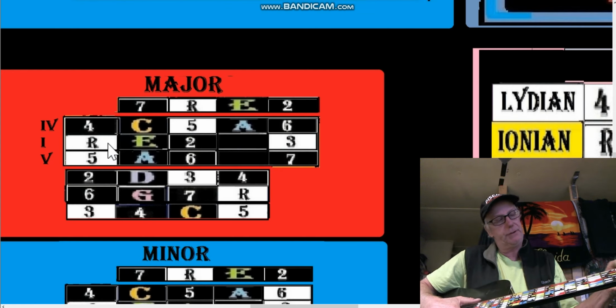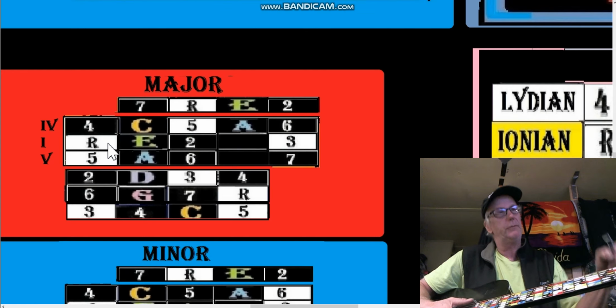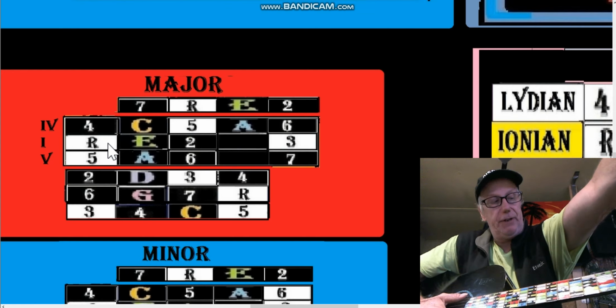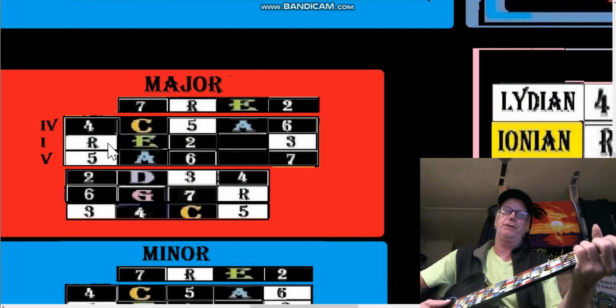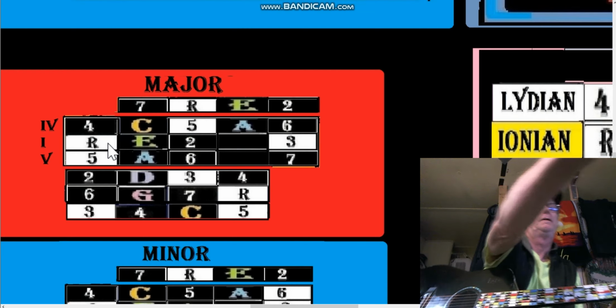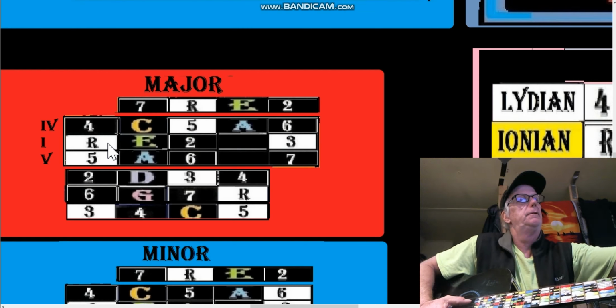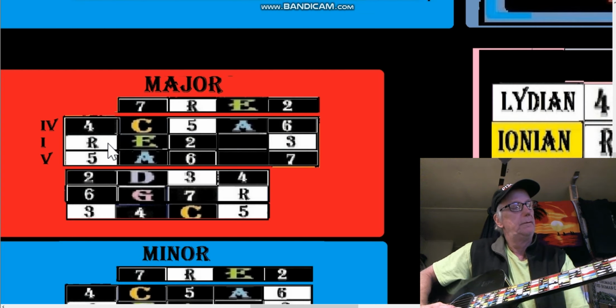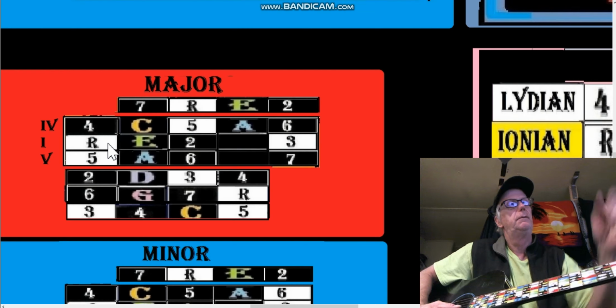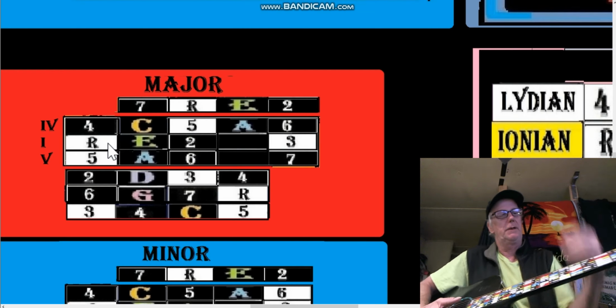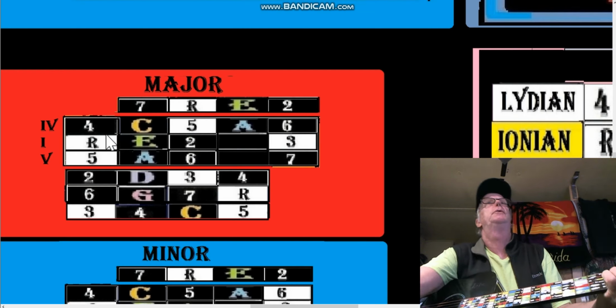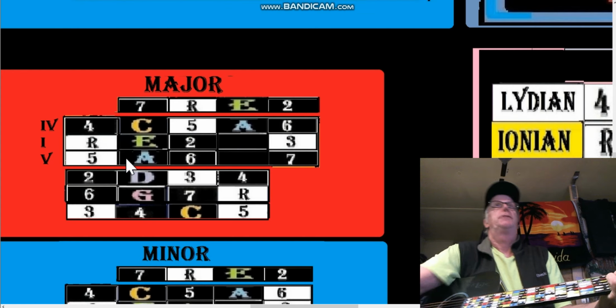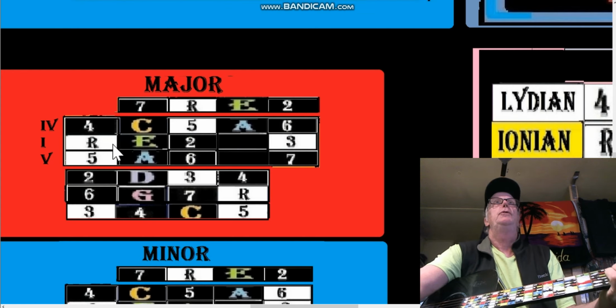Okay, let's look at, I happen to have a fret nut right here for a C. Let's tune up there. Okay, so for my C, if I'm going to do a long pattern, it's going to be from the root here.